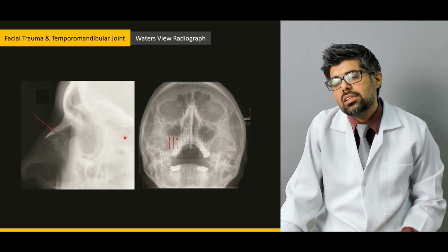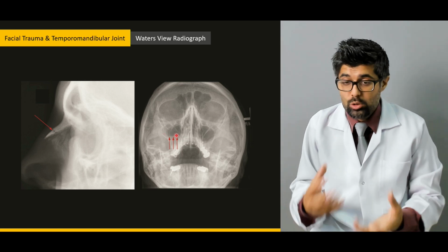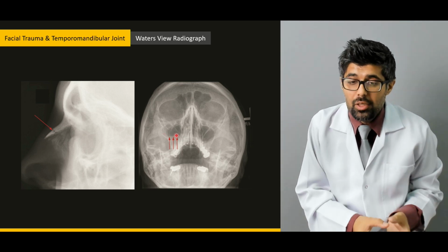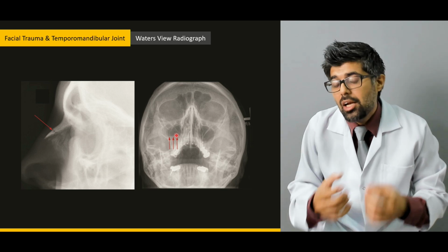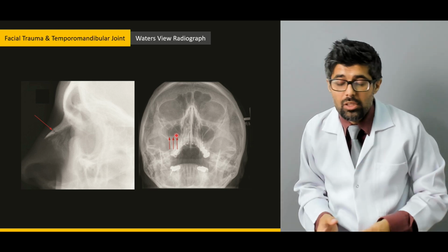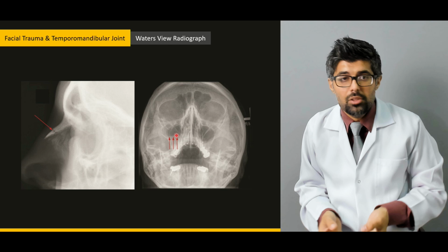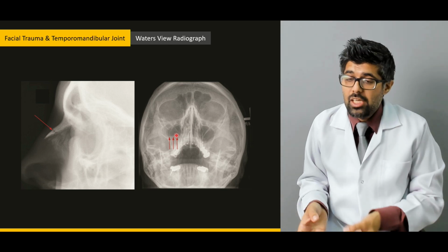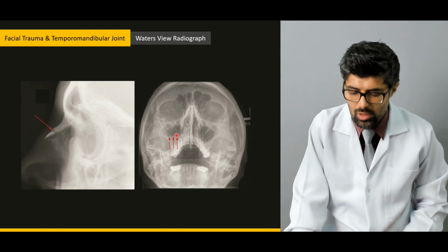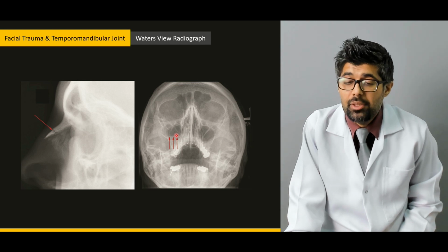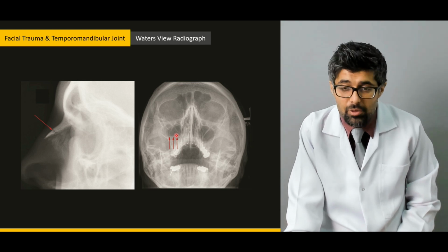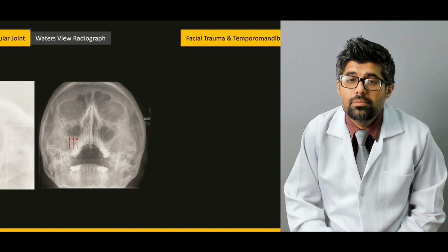This indicates that because of the trauma there is blood inside the skull, and this requires further investigation in the form of either a CT scan or an MRI, because the patient is experiencing hemorrhaging somewhere inside the skull.